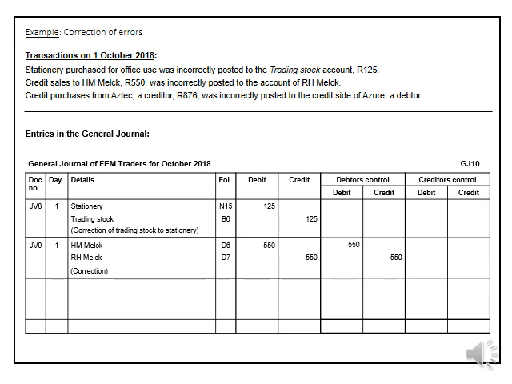Number three, credit purchases from AccCH, a creditor, 876, was incorrectly posted to the credit side of the ZUA, a debtor. Okay, so which are my accounts? AccCH, a creditor, and AccCH, a debtor.